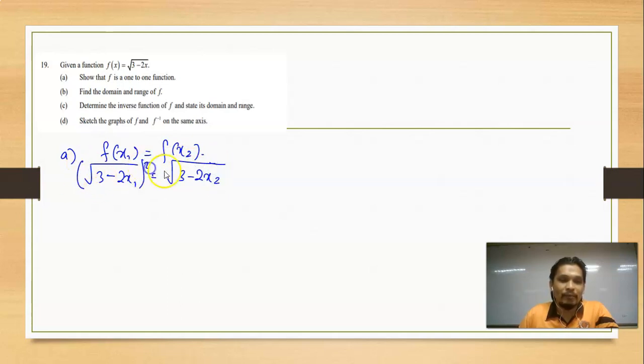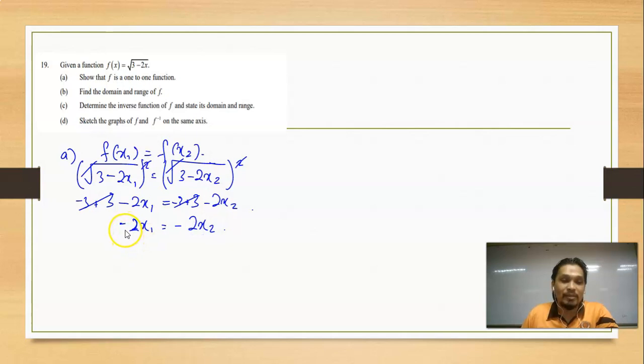We square left and right, cancelling the square roots, so we get 3 minus 2x1 equals 3 minus 2x2. Minus 3 and minus 3 here, so we get negative 2x1 equals negative 2x2. Divide by negative 2 on both sides, which gives x1 equals x2. So we conclude that f(x) is a one-to-one function.